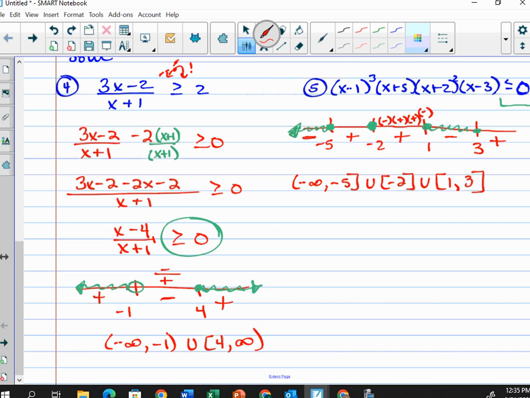So when it says less than or equal to 0, no fractions involved, you have to include all of those points. Normally, the endpoints get picked up by whatever our inequality is, but this time there was one just floating. All right, questions? Anything at all?